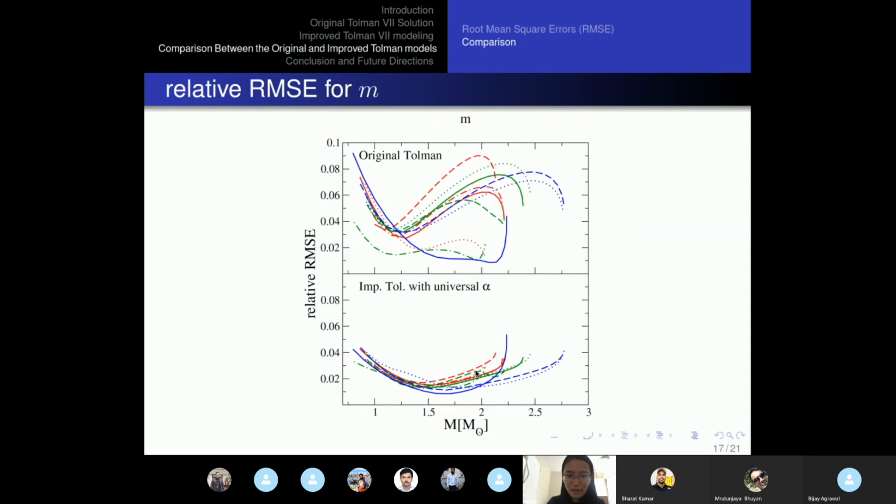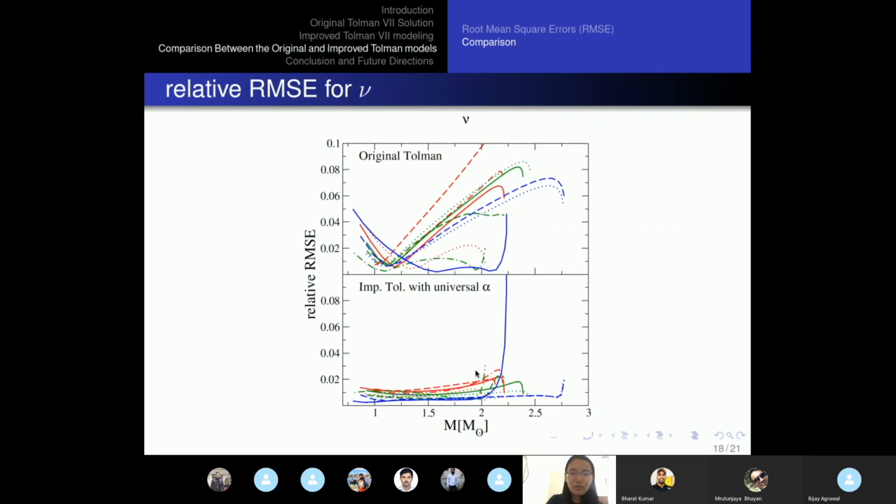Also for the mass profile, we have a great improvement over the original Tolman case, which is parameterized by mass and radius.